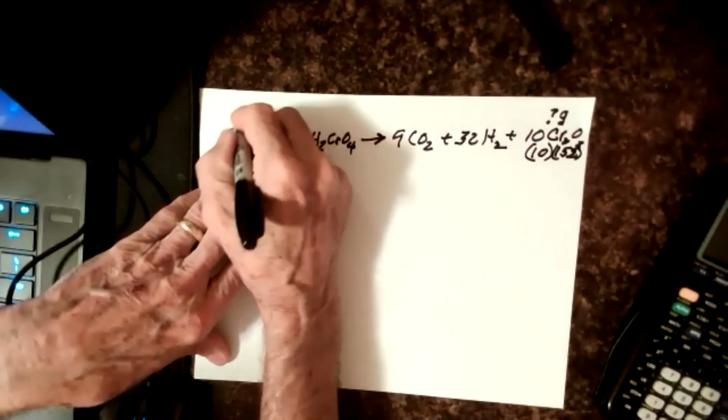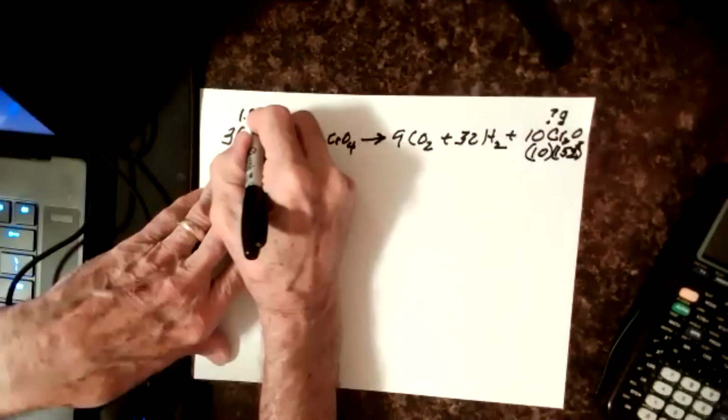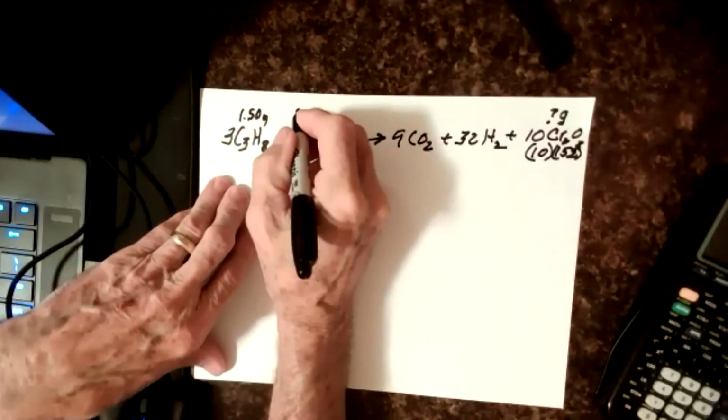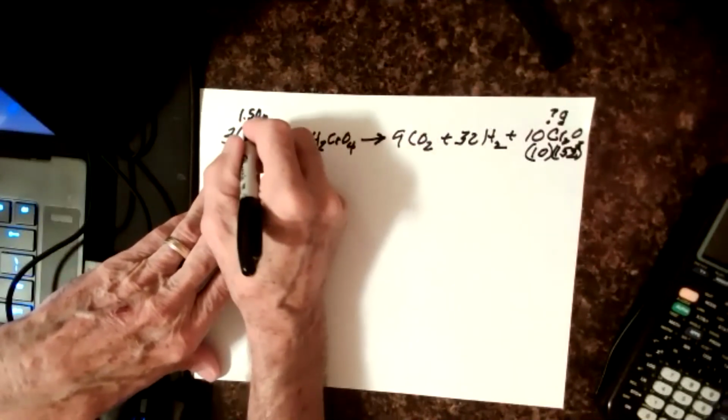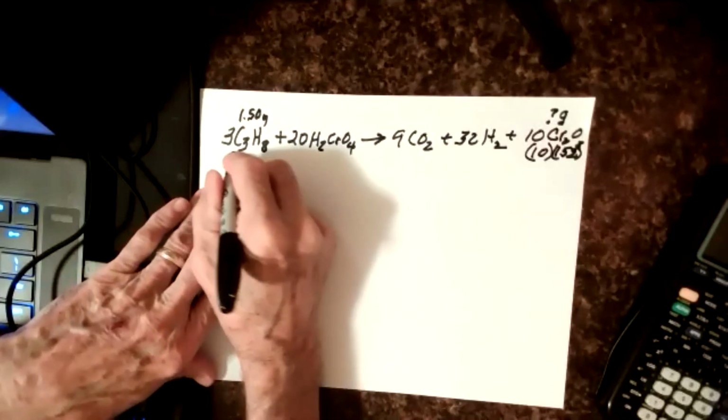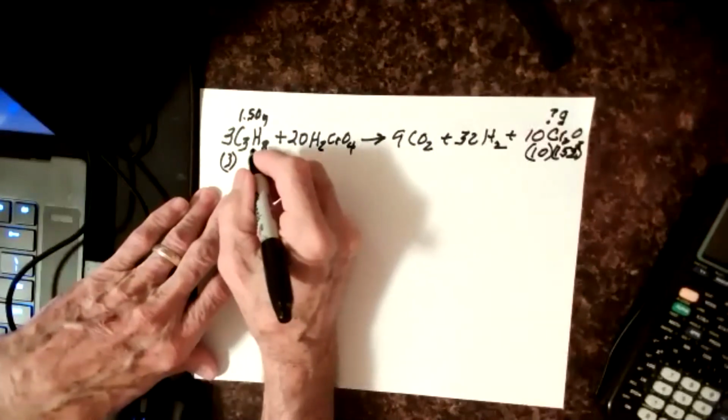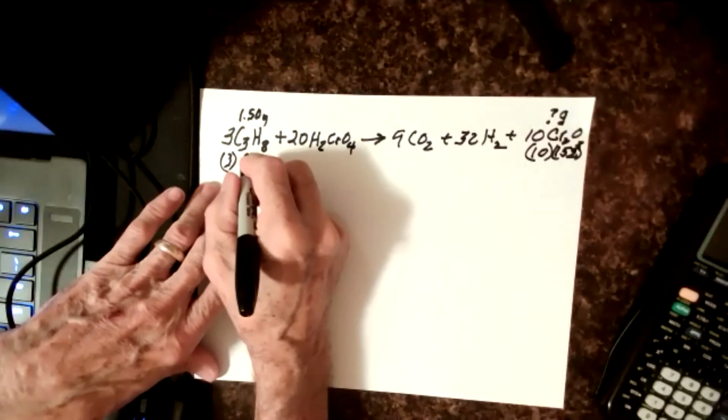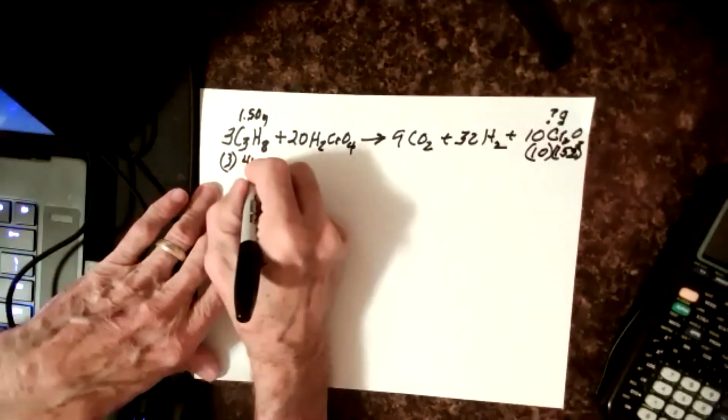Okay, we have 1.5 grams of this, and the equation is showing 3 moles, and the molar mass for propane is 44.09.